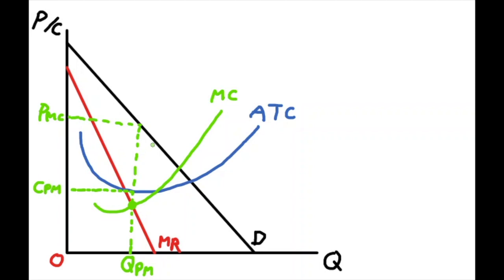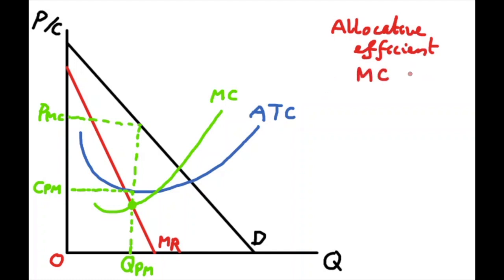So what we want to do is show why this is not efficient and optimum for society. Well, the first thing is to be allocatively efficient, so allocative efficiency. What this requires for a firm is that it produces where its marginal cost is equal to its price, and this occurs in perfect competition in really highly competitive markets.